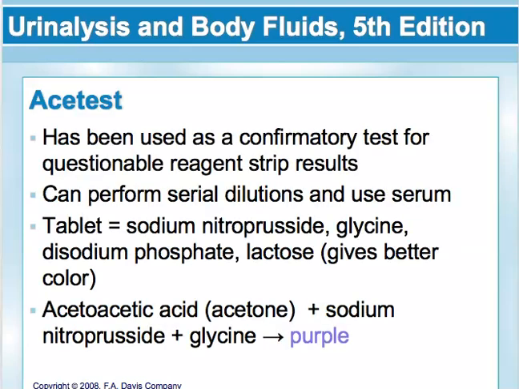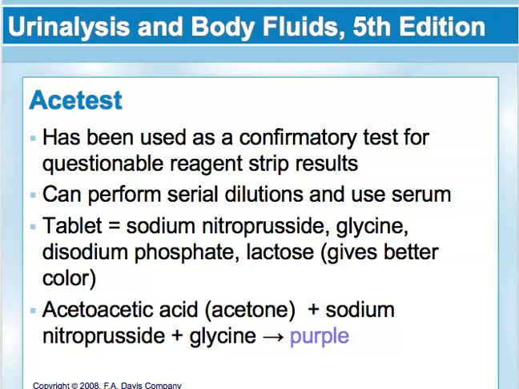Okay, the Acetest is another one of those confirmatory or backup tests that we mentioned in lecture 1. So this is a confirmatory test used mainly when urine ketone results are questionable, but was mainly used on serum and body fluids in cases of severe ketosis to determine the extent. So to determine the extent, you would have to do a serial dilution and perform the test on serum.